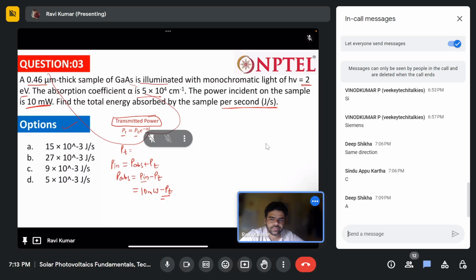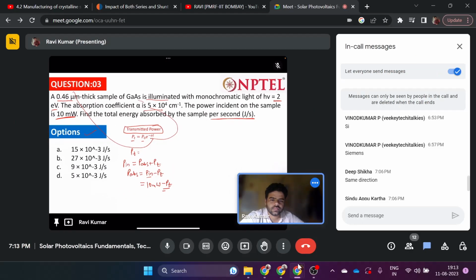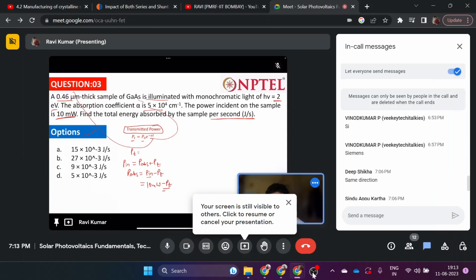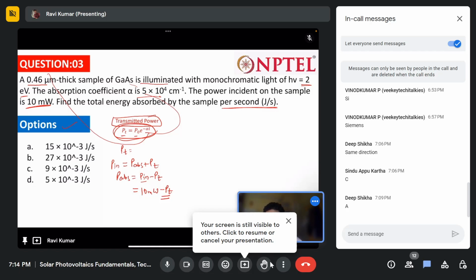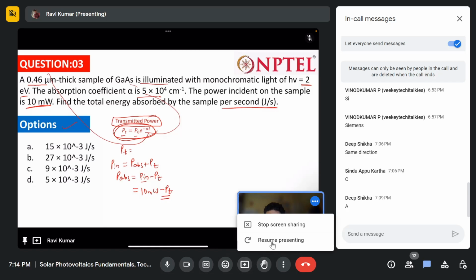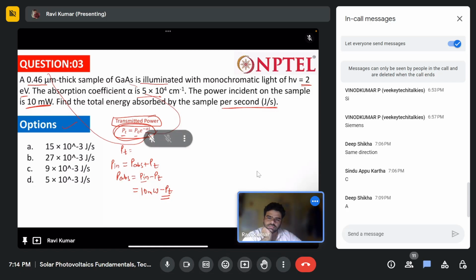Are you solving it? Please solve, calculate this PT using this formula. P naught is the incident one.